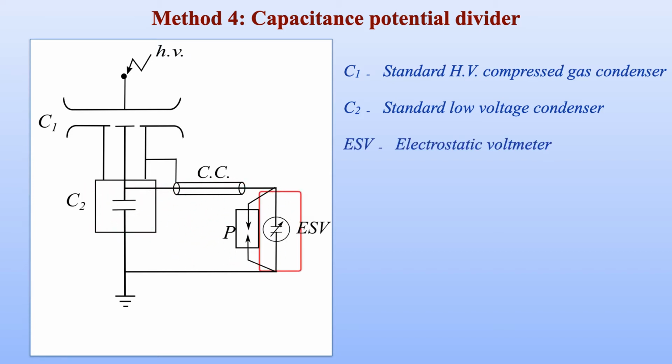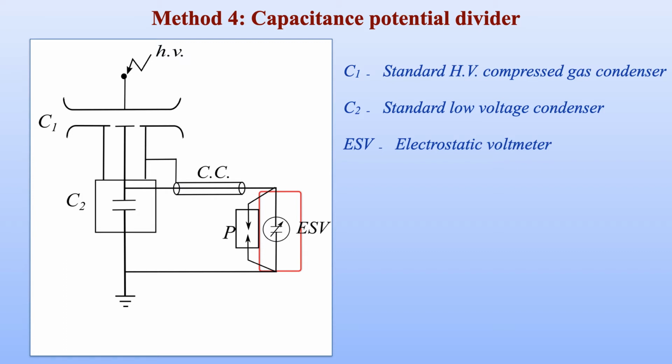The next important element of the circuit is a high impedance voltmeter or electrostatic voltmeter. This electrostatic voltmeter is required in order to provide proper isolation between the high voltage terminal and the ground. These are special construction high impedance voltmeters used with the capacitance potential dividers for high voltage measurements.